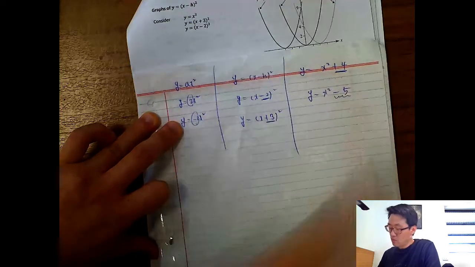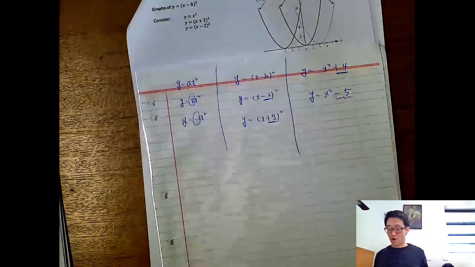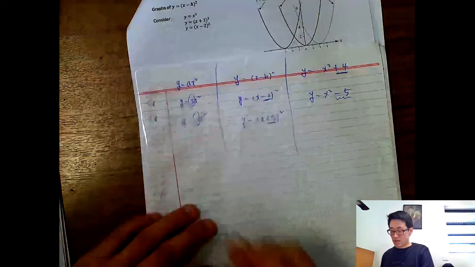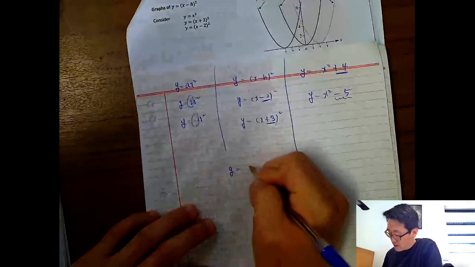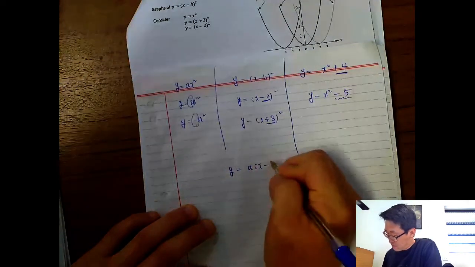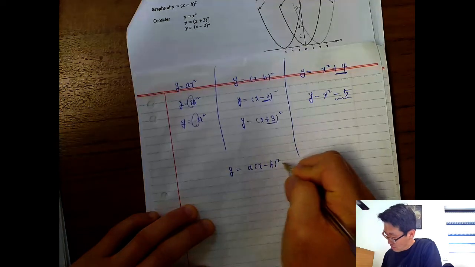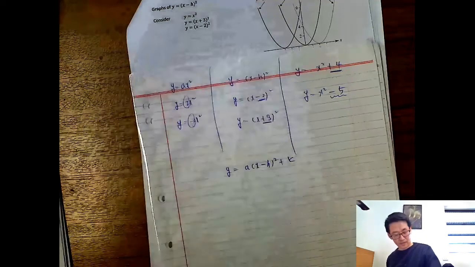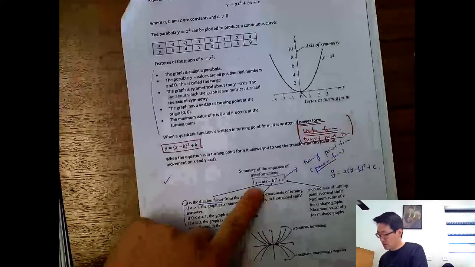Vertically move negative 5. I'll put these three together, which is y equals a(x minus h) squared plus k. That's what we learned from here.